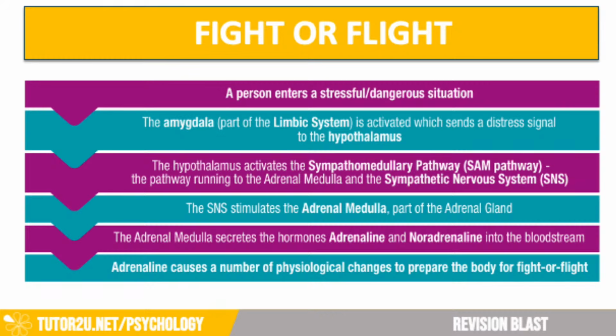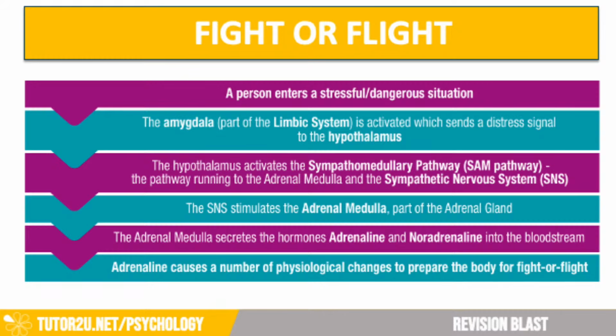You need to know what SAM stands for, and a really good way to remember that: some students have difficulty remembering it, but just remember that the hypothalamus activates the sympathetic nervous system through the adrenal medulla, hence sympathomedullary pathway.